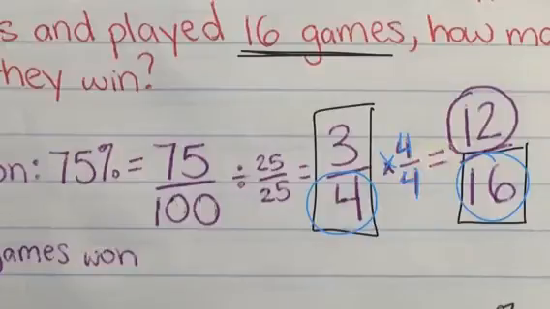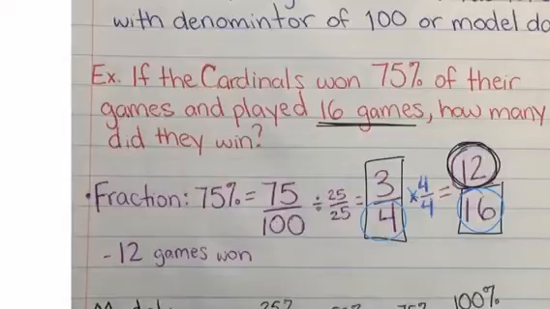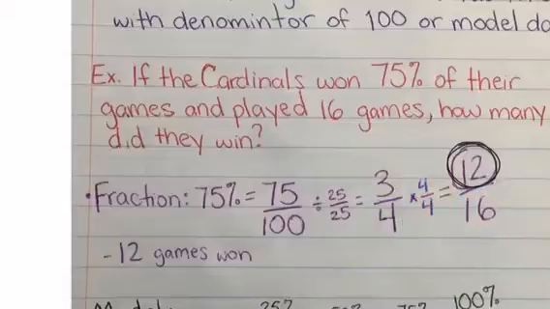So 3 times 4 equals 12. So they won 12 games out of 16. There's our answer: 12 games won. Let me get rid of some of this stuff real fast and get that out of the way.